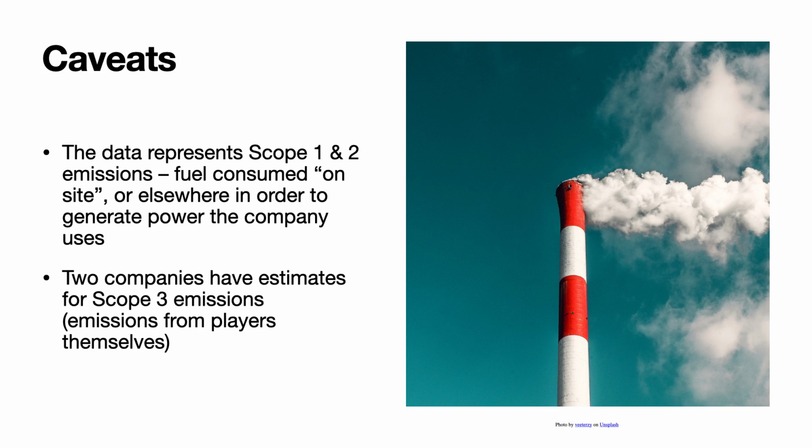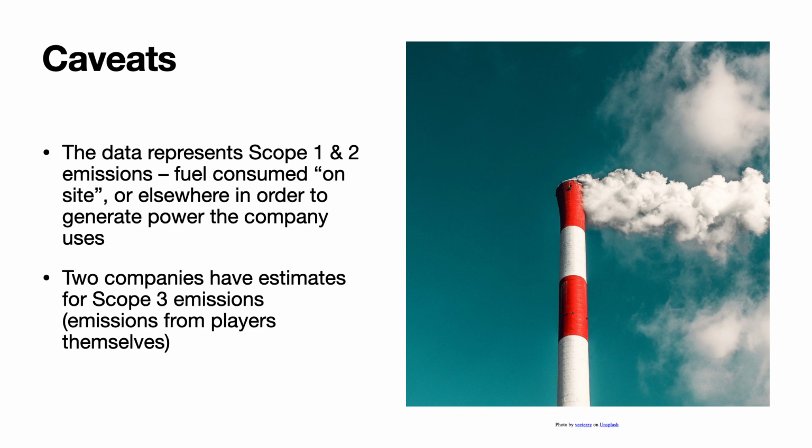So, like a grid level coal-fired power station, or a gas turbine, whatever it is. So these are just Scope 1 and 2 emissions. This is the standard for the emissions that a company is most directly responsible for.